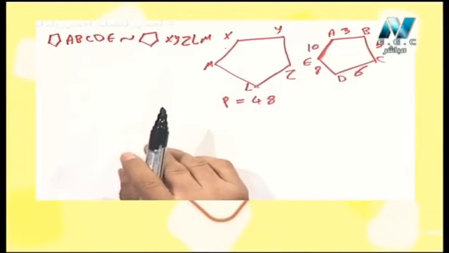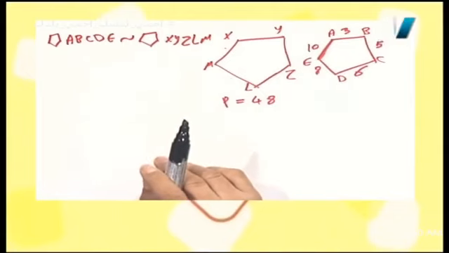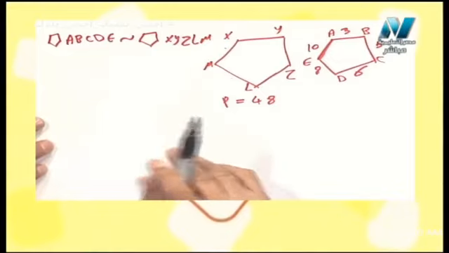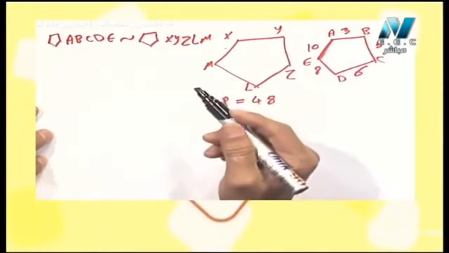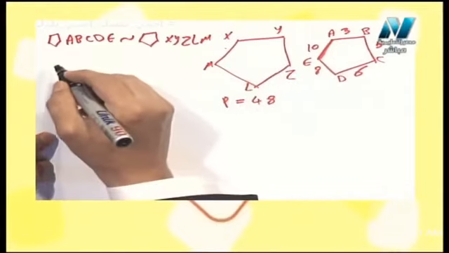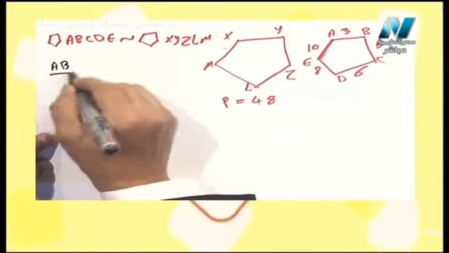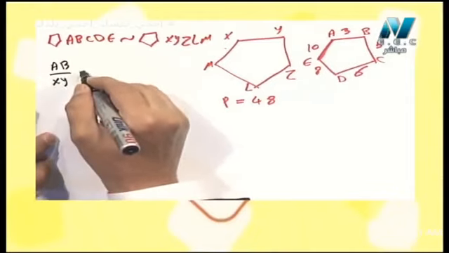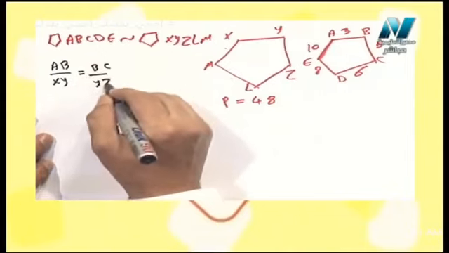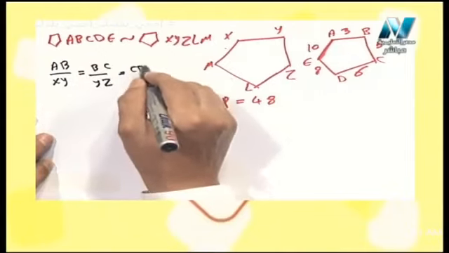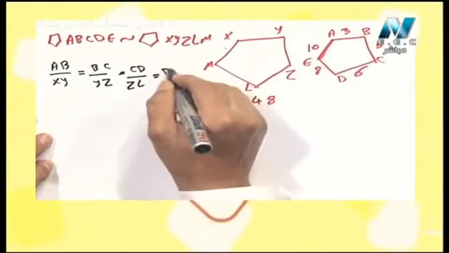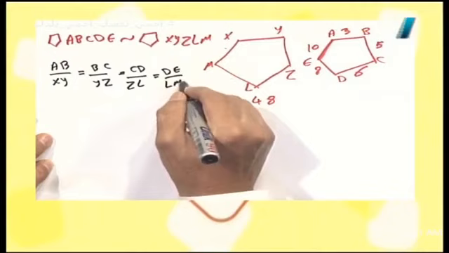First we will write the sides here. We have AB over XY equals BC over YZ equals CD over ZL equals DE over LM.